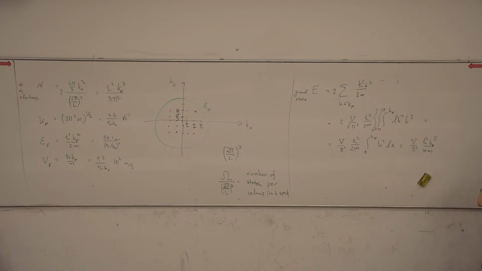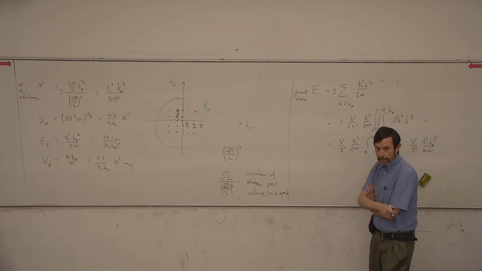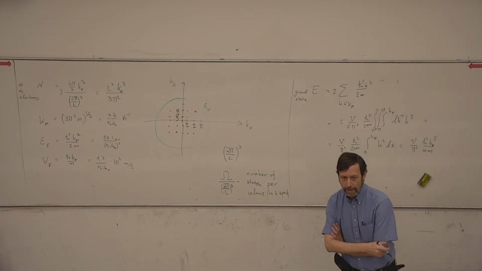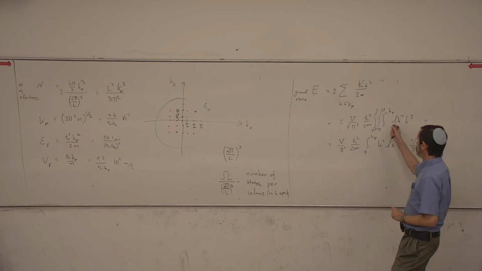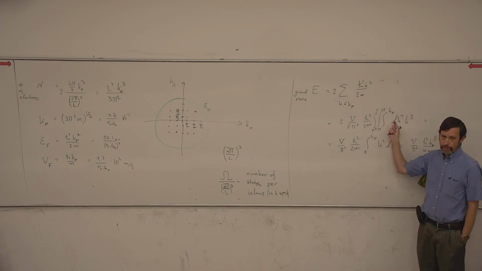I had just an integration of the angles that gave me 4 pi, and the k, which gives a contribution of dk is k squared times k, so it's an integration over k to the 4th.